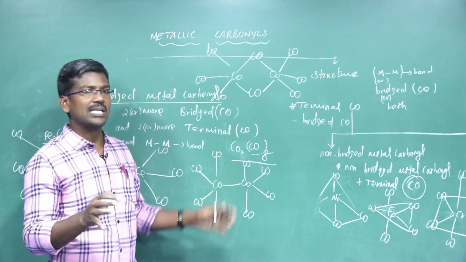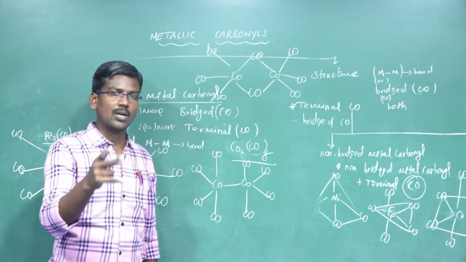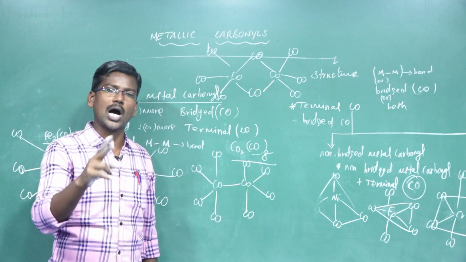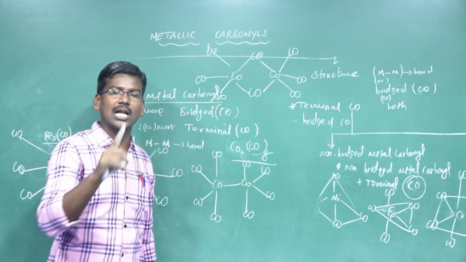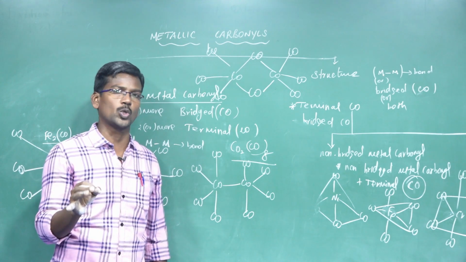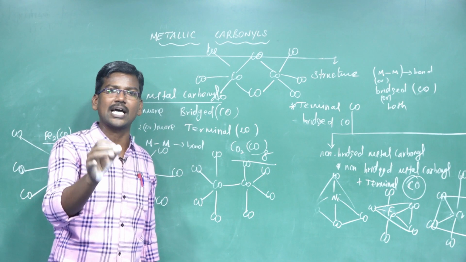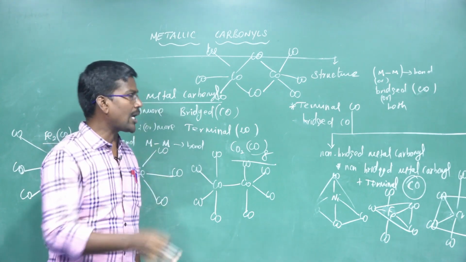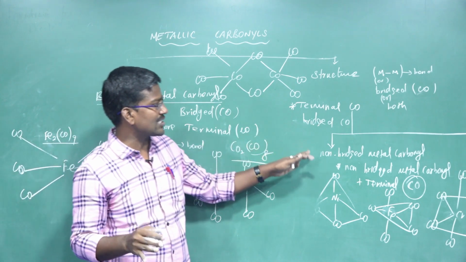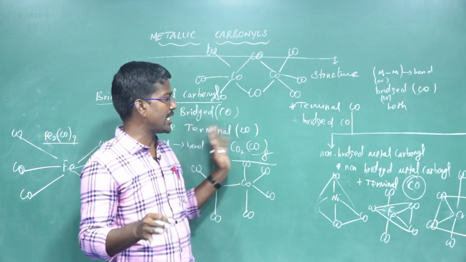The classification based on the structure involves either a metal bond or bridged carbonyl group or both. A carbonyl ligand directly bonded with only one metal atom is known as a terminal carbonyl group. A carbonyl ligand directly bonded with 2 metals simultaneously is known as a bridged carbonyl group. Depending upon structure, compounds are further classified into a non-bridged metal carbonyl and a bridged metal carbonyl.